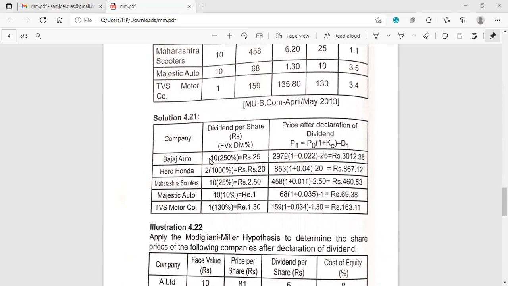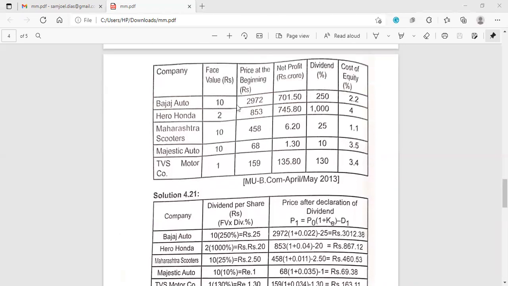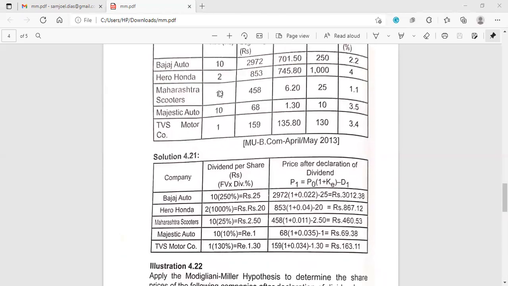Bajaj Auto face value is 10. On the face value, dividend will be awarded. On 10 rupees, 250% means we'll be getting rupees 25 as dividend. So for Bajaj Auto, D is 25 and we have 2972 into 1.022 minus 25, that leads to 3012.38 as the market price.